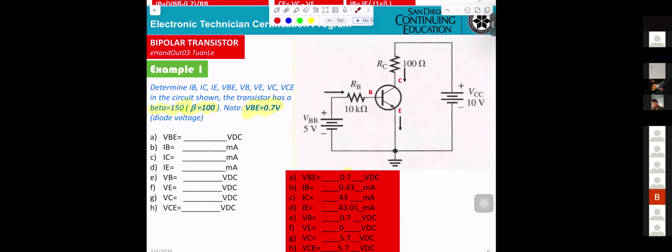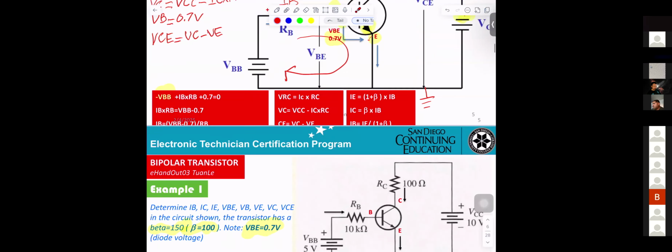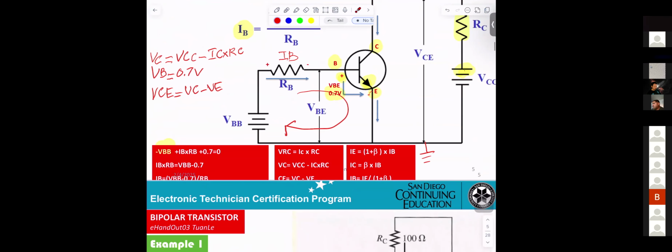And now they want to calculate the IB. So if you want to do the calculation, you can go into here.